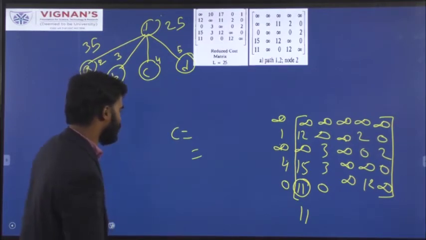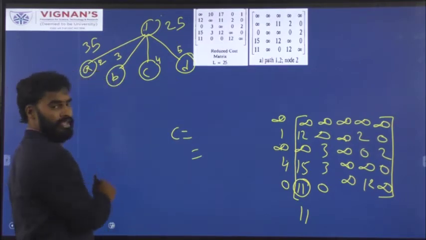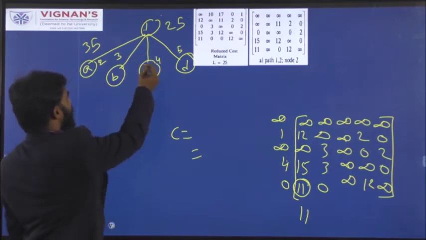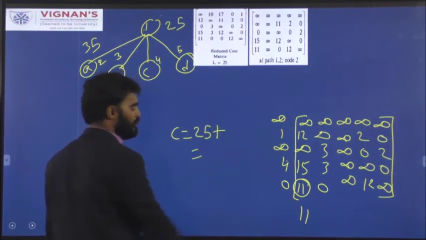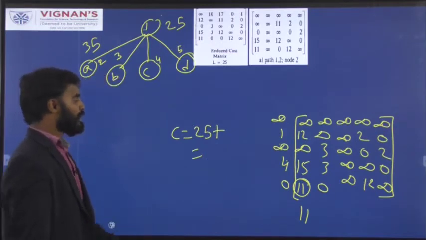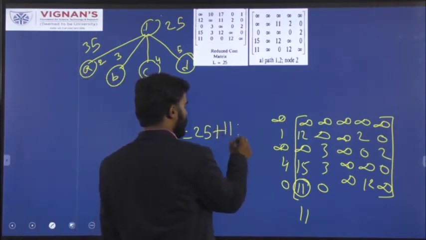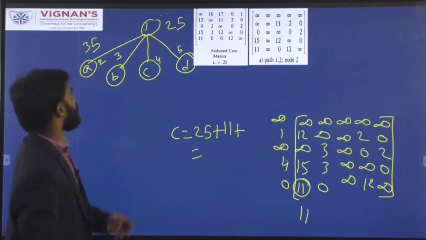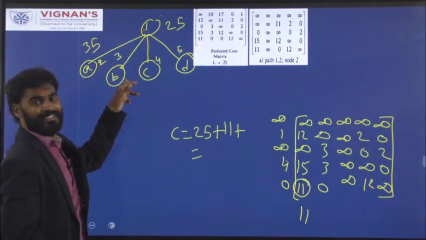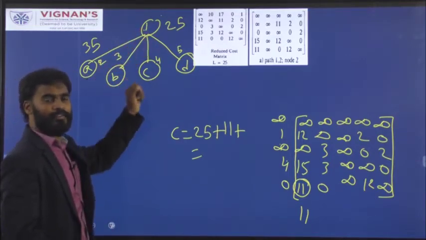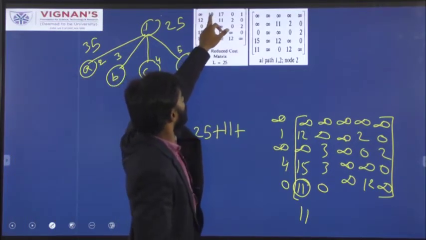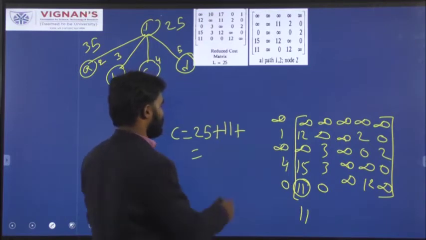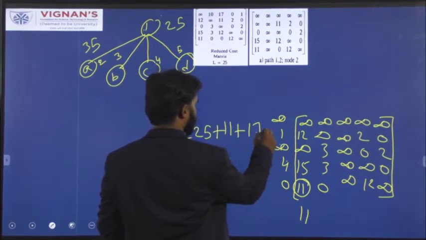So what is the cost? The cost of node B is the cost of its parent, 25, plus the reduction cost, 11, plus the distance from traveling from 1 to 3. So the distance from 1 to 3 is 17.